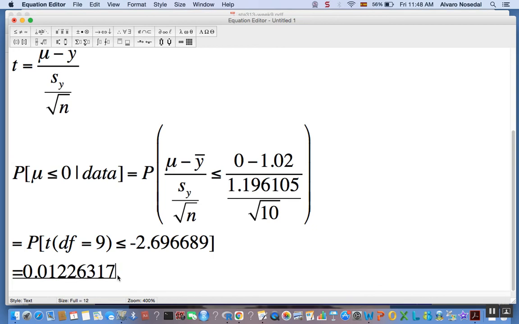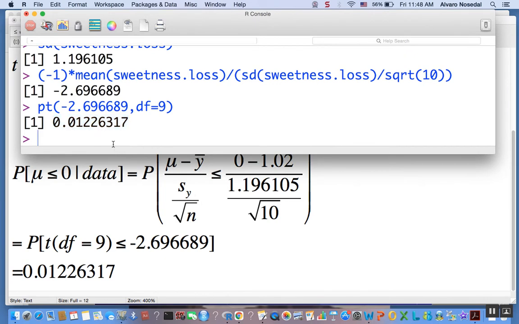Okay? Now, let's compare what we would get if we used an R package. We're going to be using the following package, which I am assuming you already downloaded and installed: BolStat.